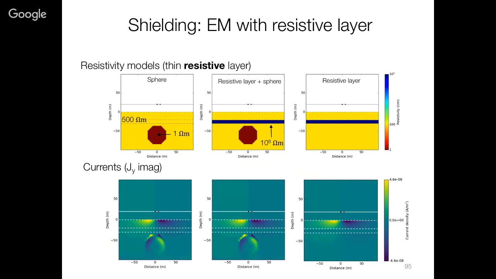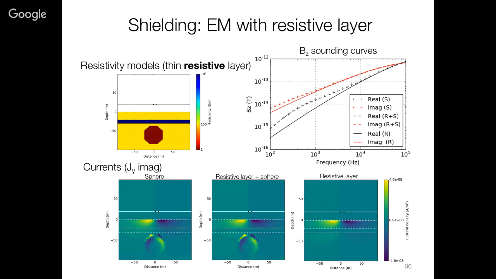Yeah, and if we just have the resistive layer itself, then we just end up with this. So we still get currents that are coming through. So the bottom line here is that with a conductive source, we're okay trying to see through a resistive layer.